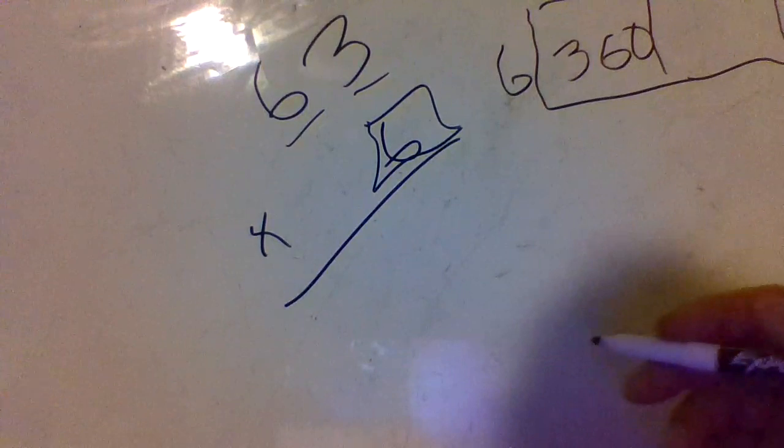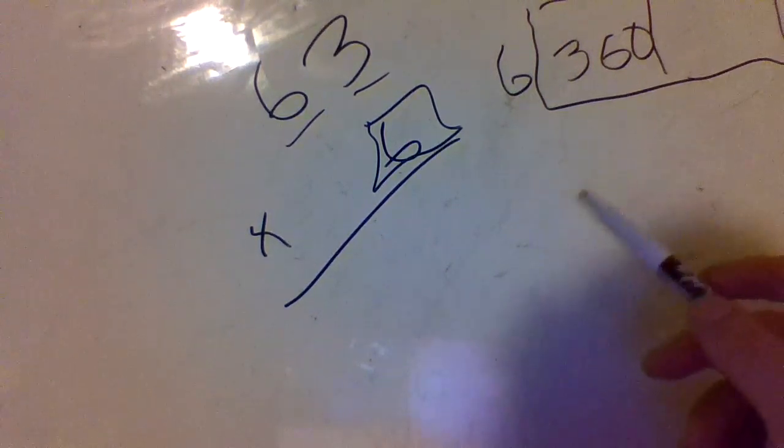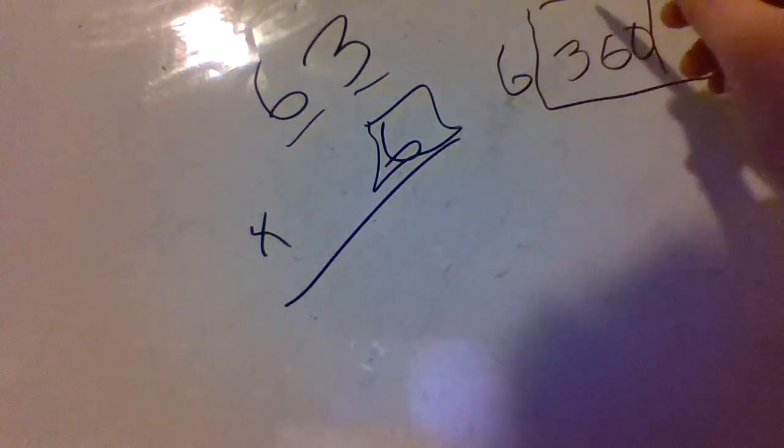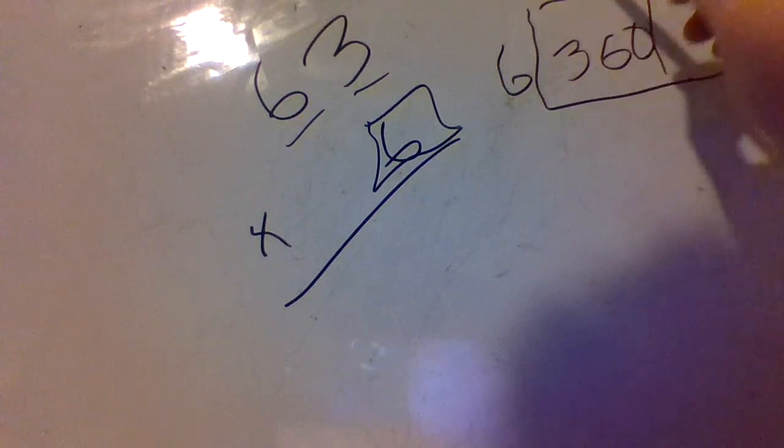And just in case anybody wondered how I did that so fast, 6 times 6 is 36, and then we add a 0. 6 times 3 is 18. Now we're just going to add those up.